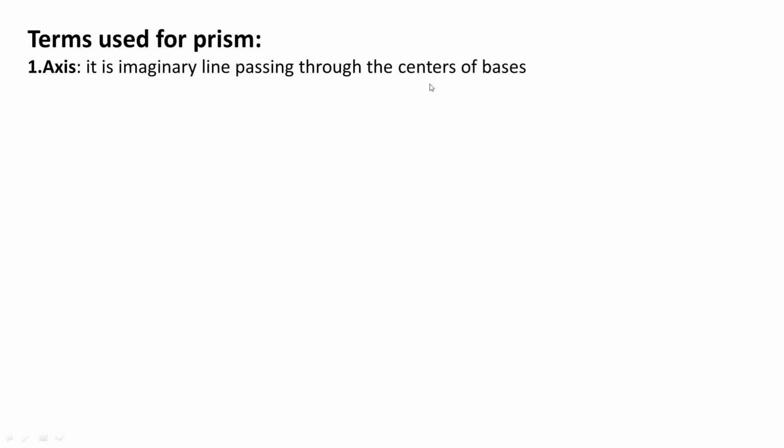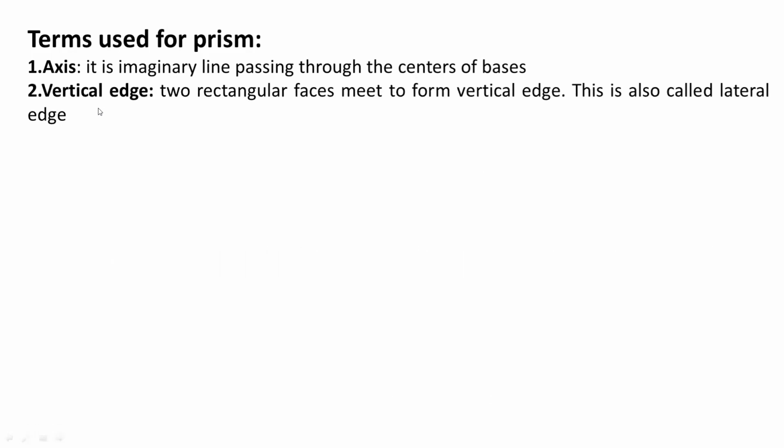So this imaginary line is called the axis of that prism. The second is the vertical edge. So two rectangular faces meet to form the vertical edge. Okay. So this is the common line between two vertical faces, that is called a vertical edge. So this is also called a lateral edge.